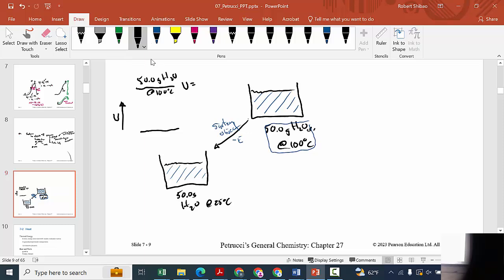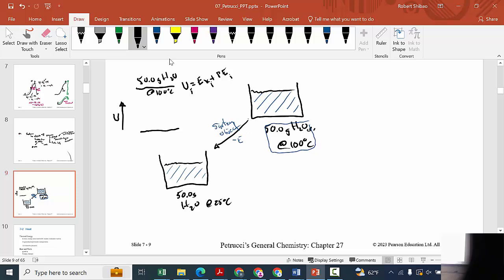The total energy, or the internal energy, is equal to the sum of the kinetic energy plus the potential energy, PE, so EK. And this is going to be initial, so I'm going to call this U initial, EK initial, PE initial.